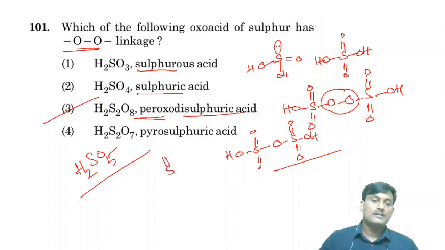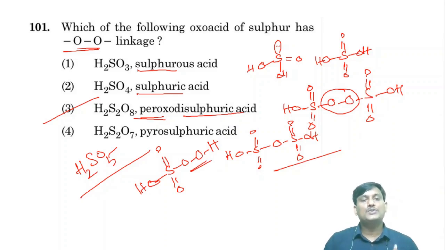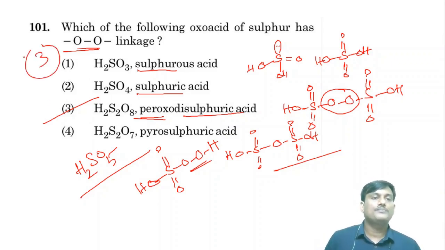What is the formula? S double bond O, S double bond O. This is a peroxy bond. So in H2S2O8 and H2SO5, you have peroxy bonds. So the correct option is 3.